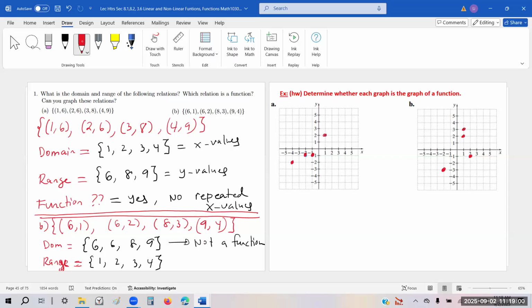So you need to just see the axis, right? So what's the domain you have for A? -4, -2, -1, and +1. So does A represent a function or not? Yes. Because we didn't see the same x twice.